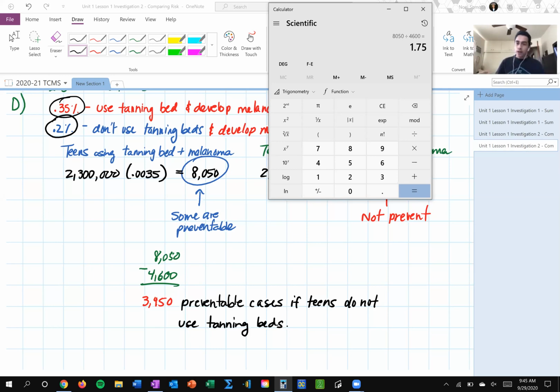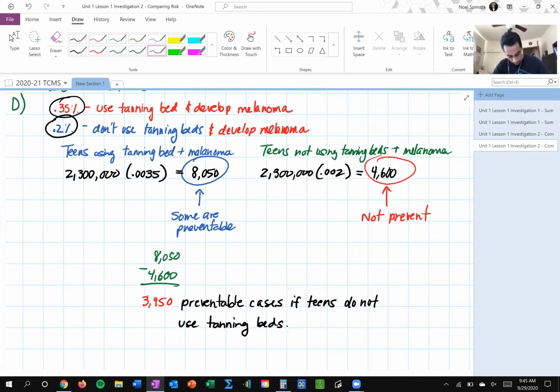So although the percentage was small, only an increase of 0.15% in terms of absolute risk reduction, think about this value in terms of lives, and whether or not it's worth informing people about the risks of using tanning beds. Is it worth it? If you can prevent somebody from using it, maybe.